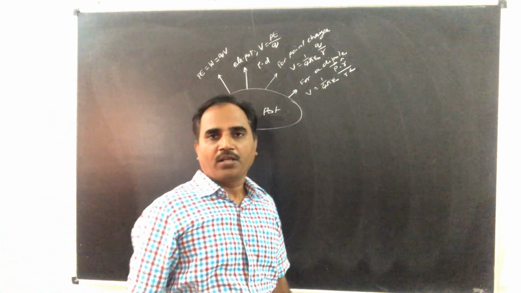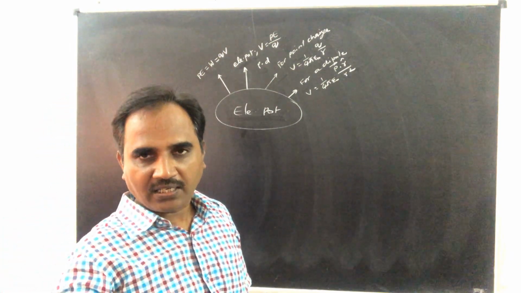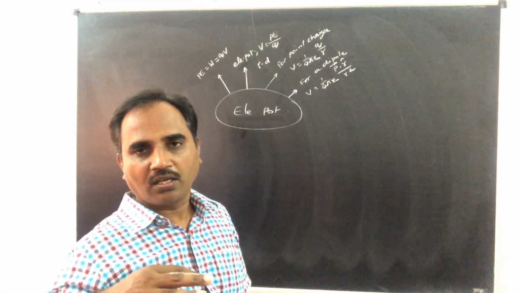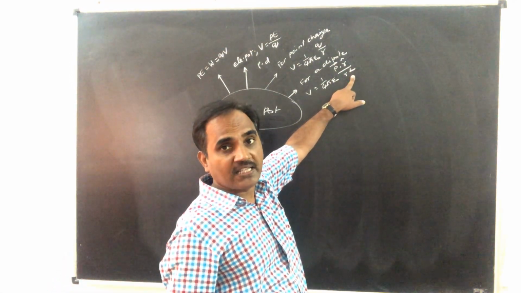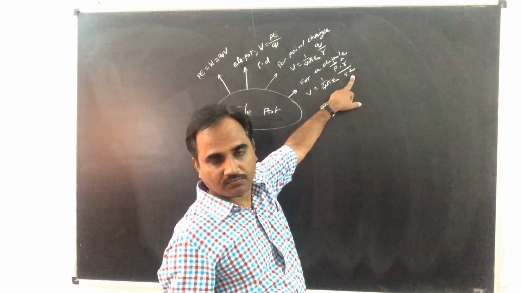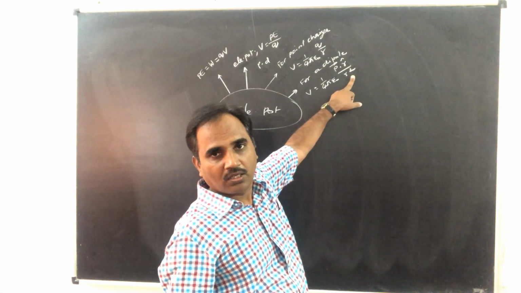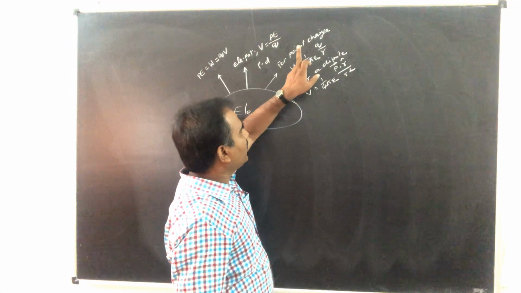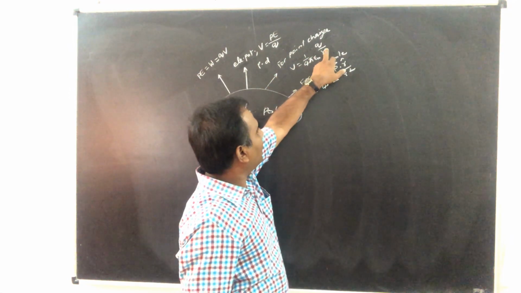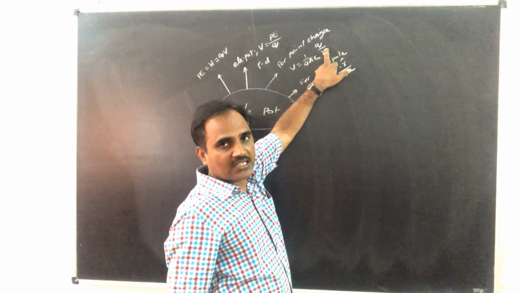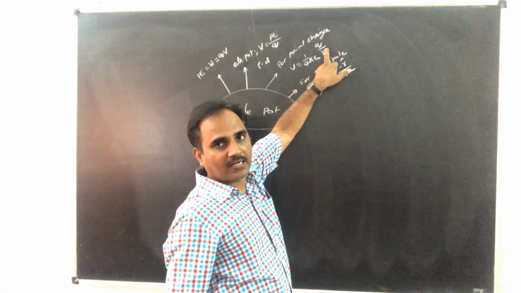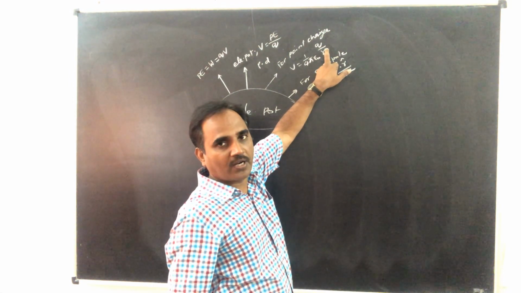Remember, in case of potential or in case of potential energy, the power of R will be 1 less than that of force or field. See, in case of electric force or electric field, you will get R square in the denominator.